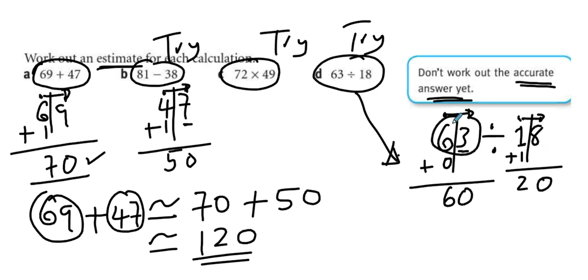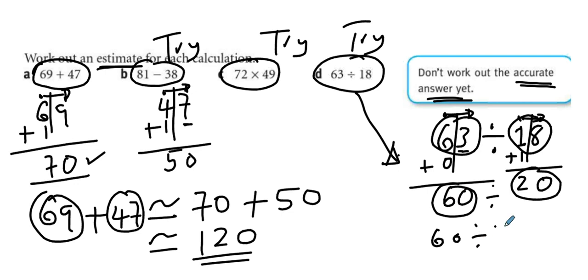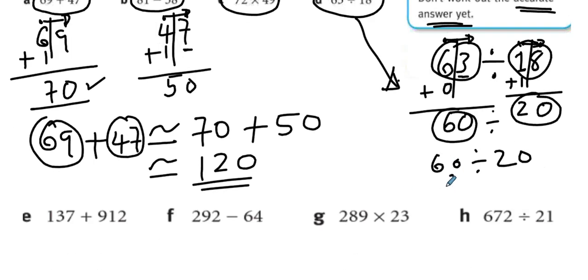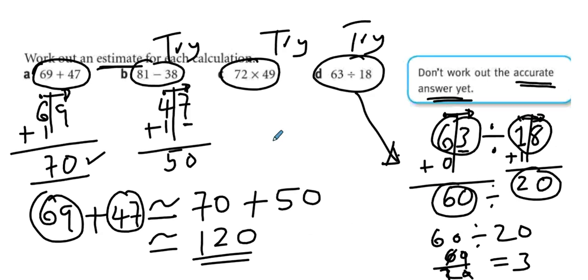So 63, we got 60. 18, we got 20. Now what is 60 divided by 20? Set that as a fraction. 60 over 20. This cancelled by 2, 1 by 2. So the answer is 3. So this calculation here, its answer is approximately 3.